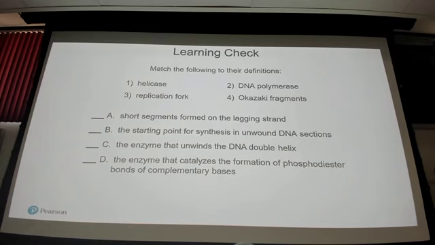Replication fork, thank you, yes. What's the enzyme that unwinds double-stranded DNA? Helicase. And the enzyme that catalyzes the formation of the phosphodiester bonds of complementary base pairs? DNA polymerase? Yep. Any questions?